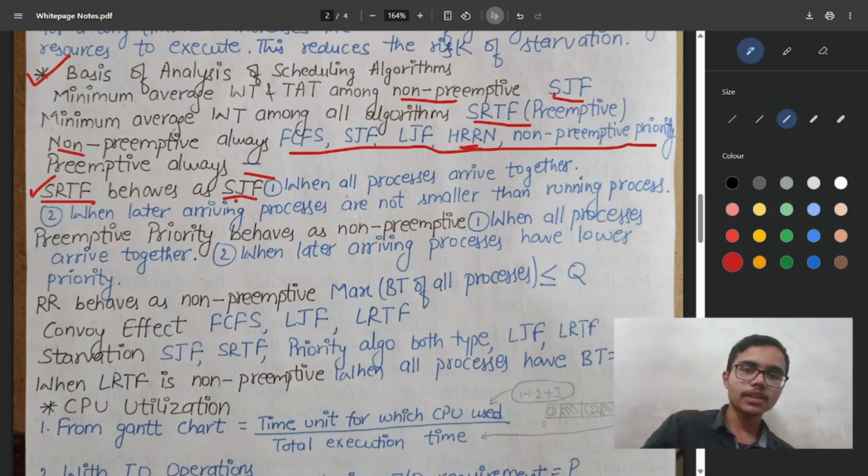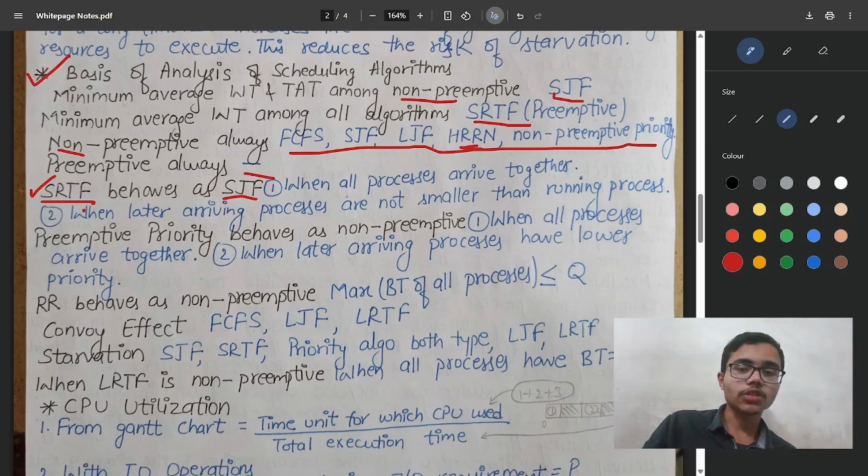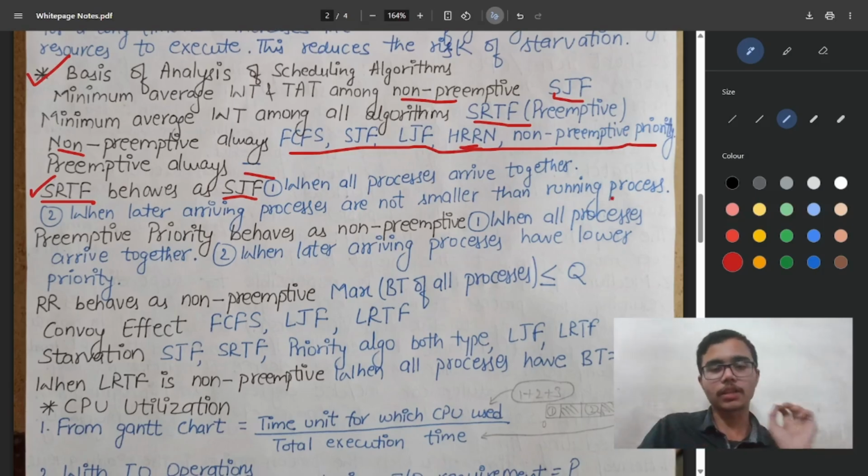You have to sit and think about the meaning of these two points, and then you get to know. Think of a scenario when all processes arrive together, that means the arrival time is 0 for all processes. Then SRTF behaves as SJF. The second condition must also be true: later arriving processes are not smaller than the running process.